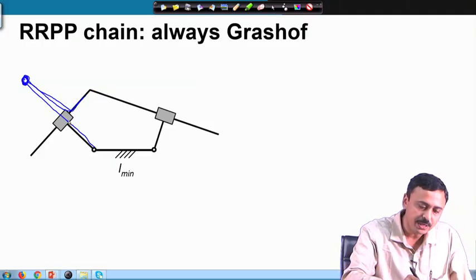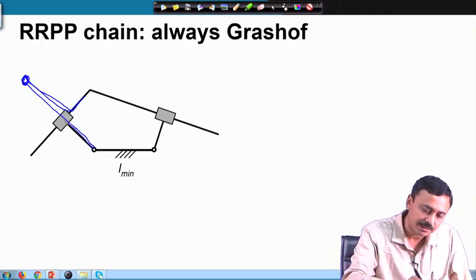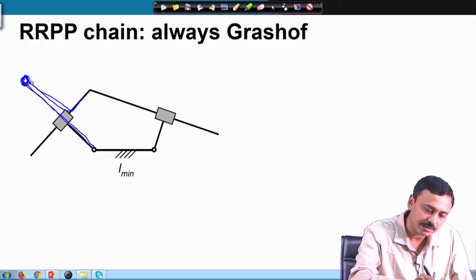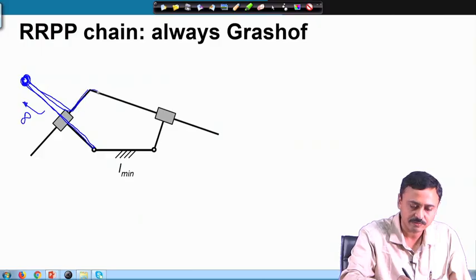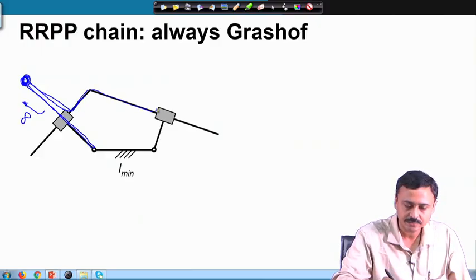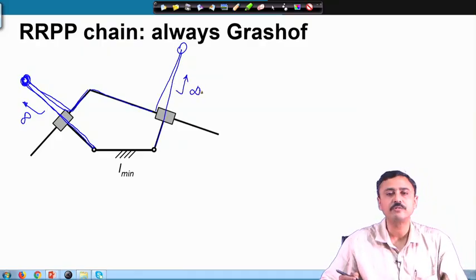Therefore, I can imagine that there is a link of infinite length. Therefore, this also goes to infinity, and this also goes to infinity.